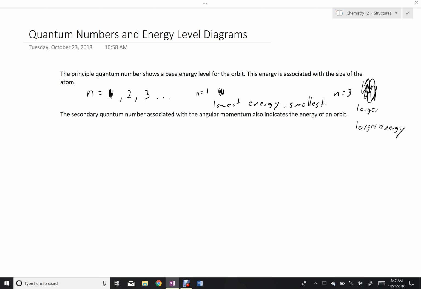The secondary quantum number, which is also sometimes called the angular momentum quantum number, also gives us some information about the energy of the orbit. A sphere, so the S level, can't really rotate, or you don't notice when it does rotate, and so it's given an angular momentum quantum number of 0, which means basically there's no energy associated with this orbital rotating or spinning.